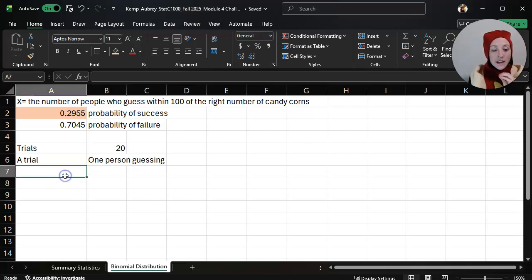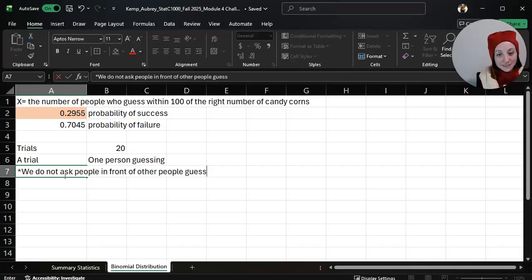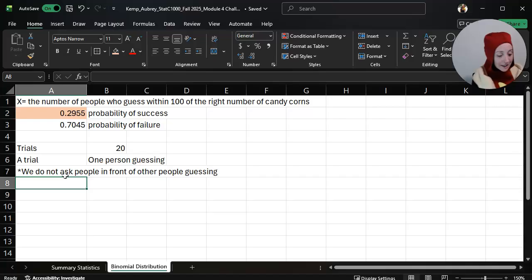Now, I want to add an asterisk to our experiment that when we ask people, we do not ask people in front of other people guessing. So I'm adding this to make sure that our trials are independent. This is also the same reason that in our discussion board, when you made your guesses, I made it to where you couldn't see what other people were guessing before you made your own guess.